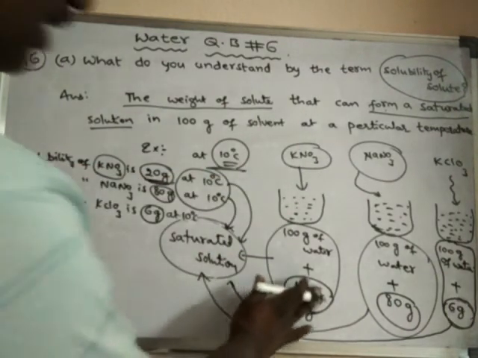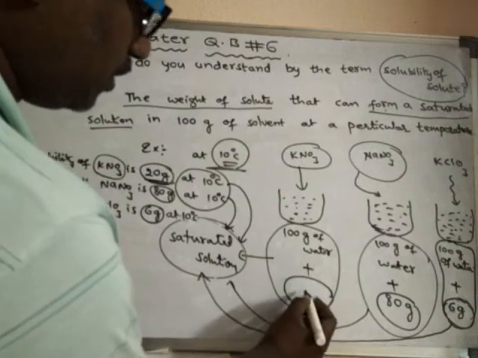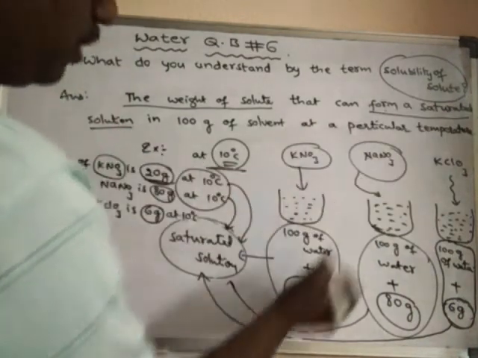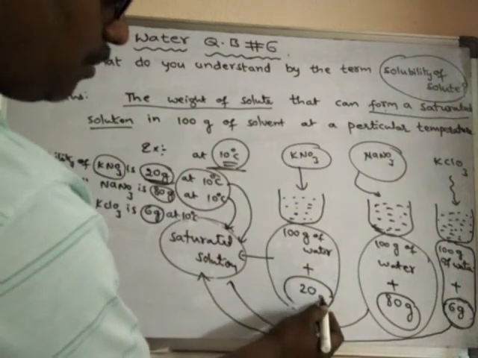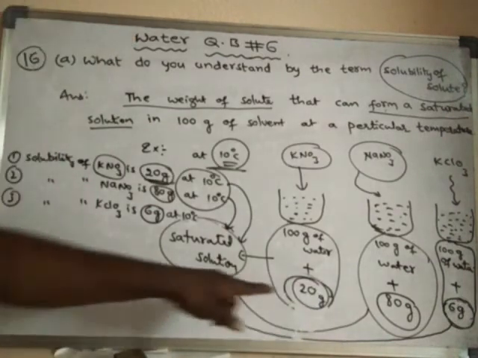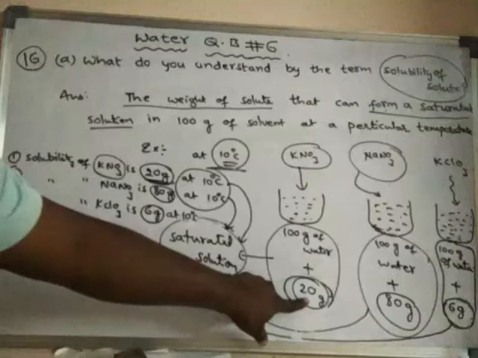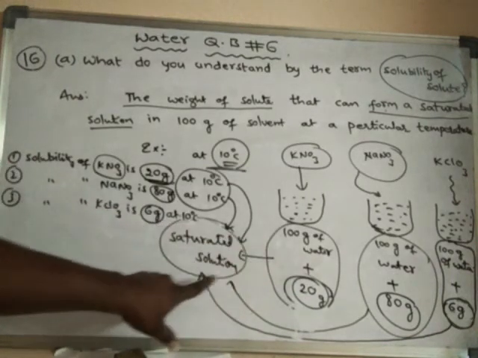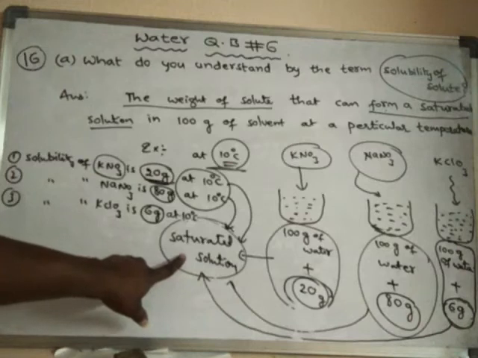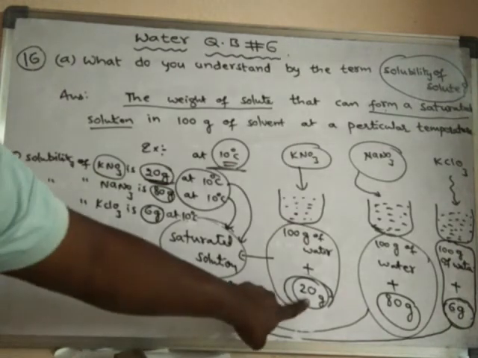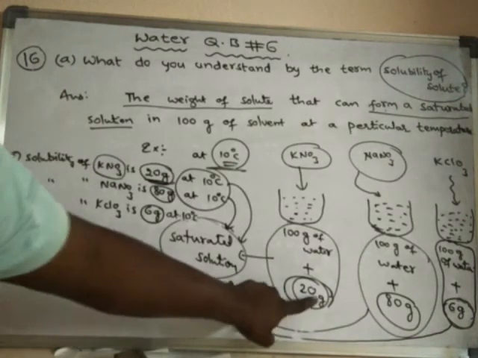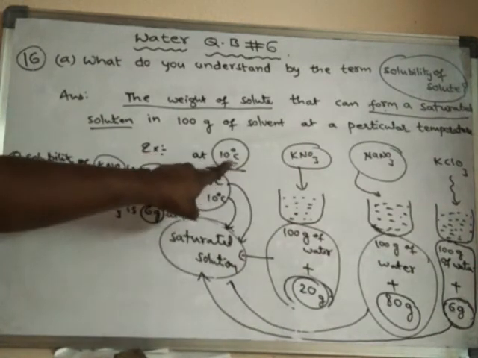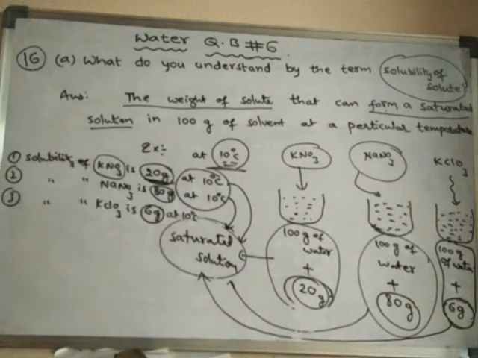So the solubility of a solute is the amount of solute that should be added in 100 grams of water to prepare a saturated solution. That weight of solute is said to be the solubility of that solute, at a particular temperature.